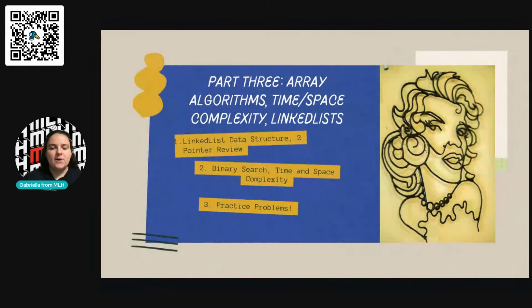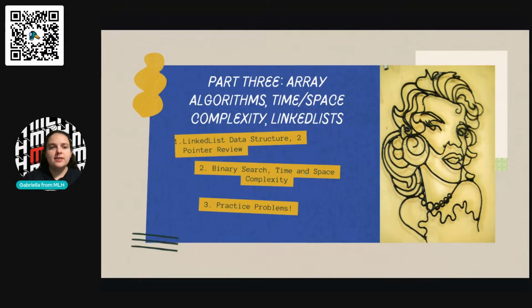So on to what we're going to be doing today. We'll be talking about the linked list data structure as new material. We'll also be reviewing 2-pointers as an algorithm. And then as far as what's new for today's session, we'll be talking about binary search as an algorithm, as well as time and space complexity, and we'll be mostly focusing on practice problems.